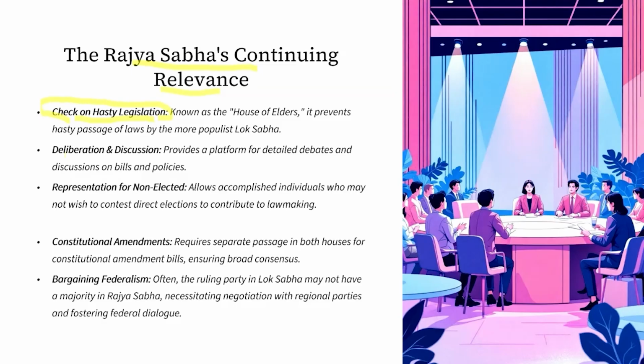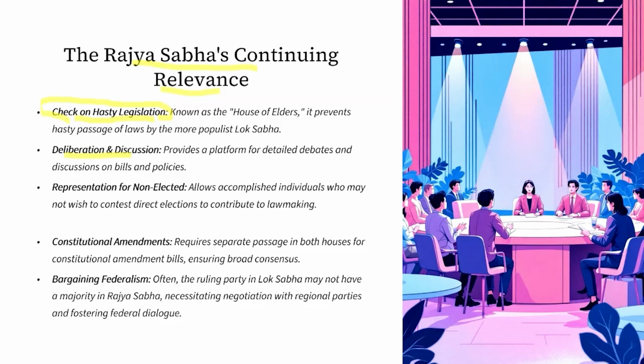Number two, Rajya Sabha also provides a platform for more deliberations and discussions on all kinds of bills and policies. For example, tomorrow, if there is a new law that has to be passed, let us assume a bill has been introduced in Lok Sabha. In Lok Sabha, the bill passes.